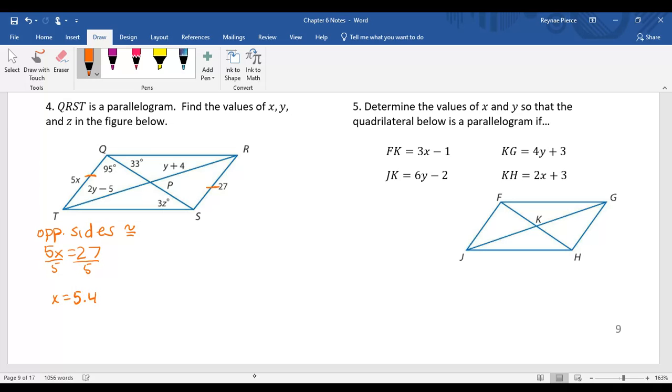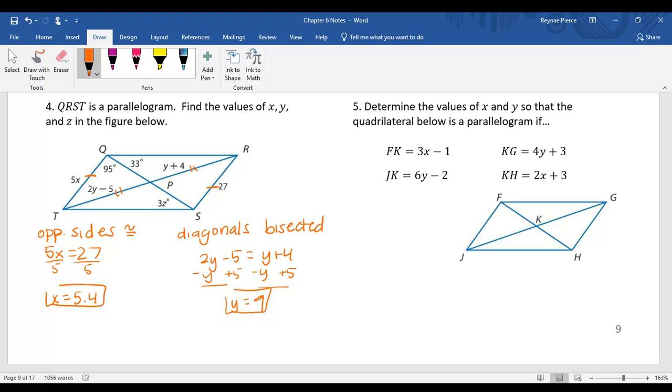Okay, I guess in number 1 is when we talked about the diagonals being bisected. Okay, so that is why we can set 2y minus 5 equal to y plus 4, to get a y value of 9.